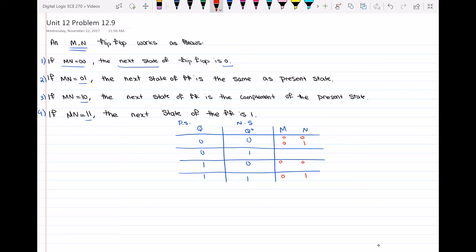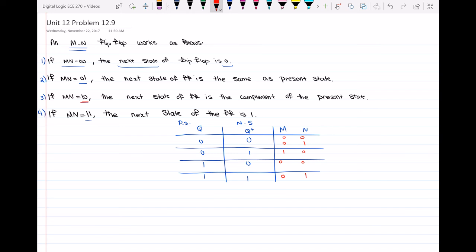So let's go to statement number 3. It says that the next state of the flip-flop is the complement of the present state. So wherever we have the next state as the complement of the present state, mn will be equal to 1, 0. Here we have q equal to 0, q plus equal to 1. So the next state is the complement of the present state, right? So mn will be 1, 0.